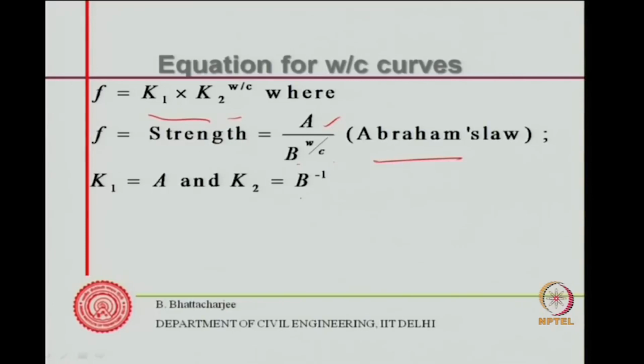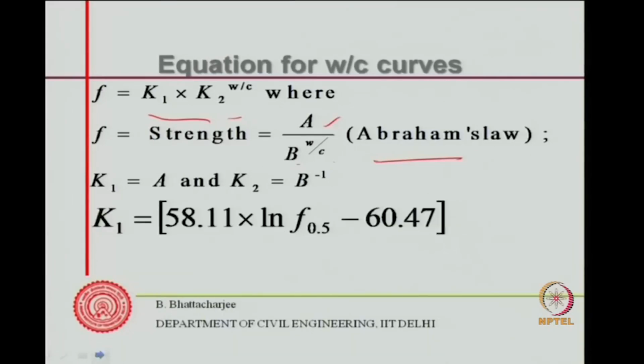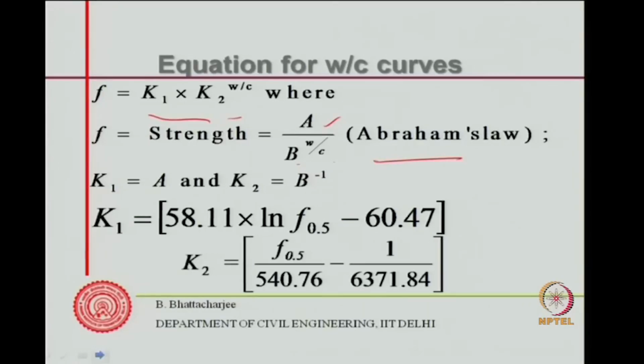So K2 is nothing but B to the power minus 1, Abraham's constant. One fits into this curve, and it has been observed that K1 can be related to log of 0.5 strength. For each curve, if you know the 0.5 strength, you can find out K1, and similarly K2.